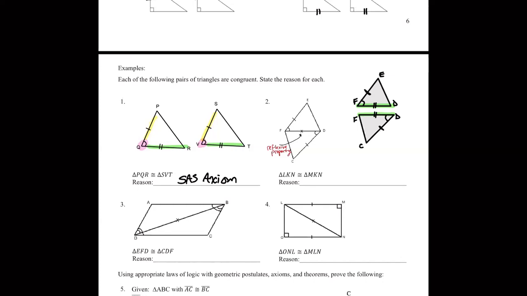I know I chopped this lesson up from a previous version and I removed some examples. This is probably referring to something else, obviously. This should say triangle DEF is congruent to triangle CDF.